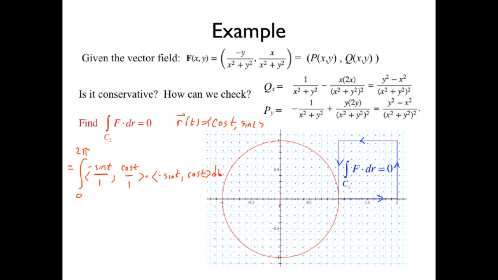Have I made any mistakes yet? Dot product: negative sine times negative sine is sine squared, and cosine t times cosine t is cosine squared. That equals the integral of 1 dt equals... uh-oh.